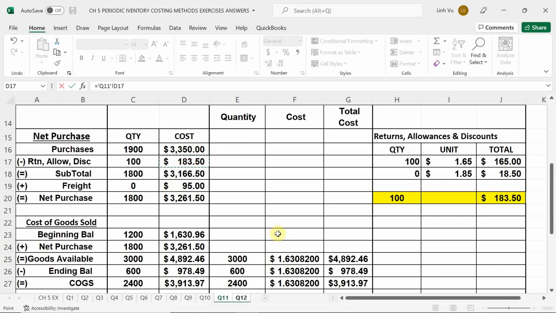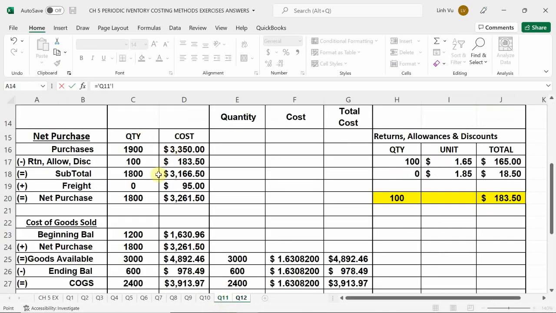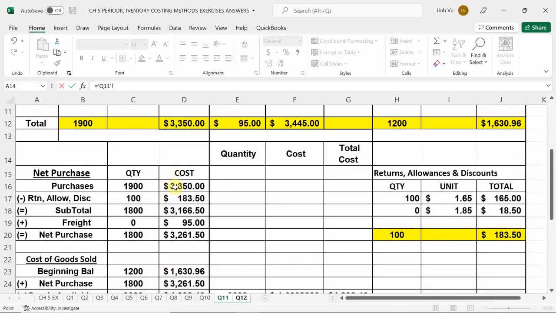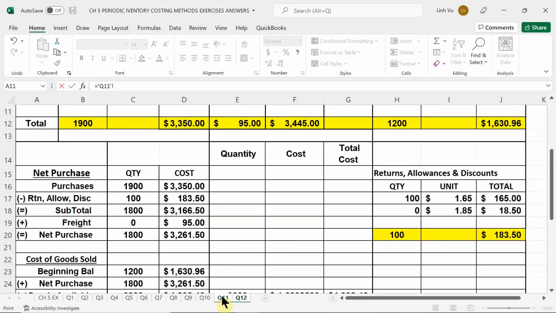My total returns and allowances? 183.50. My total purchases? 3,350. Total freight? 95.